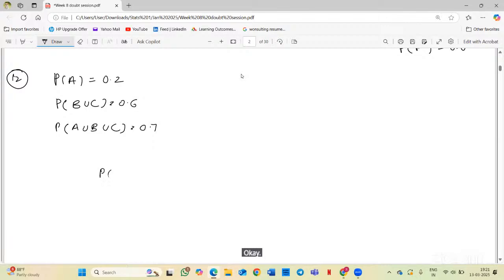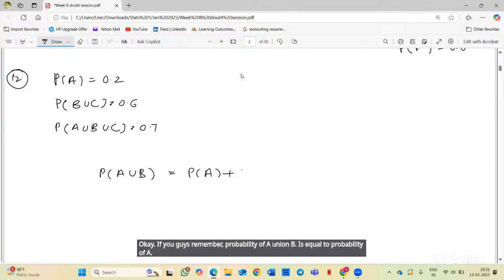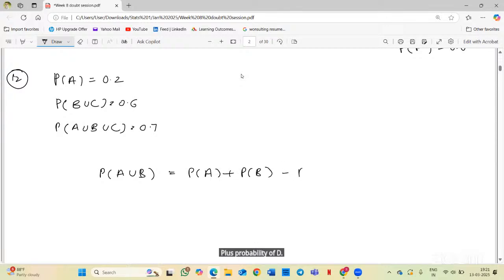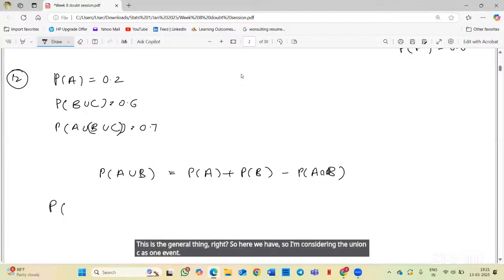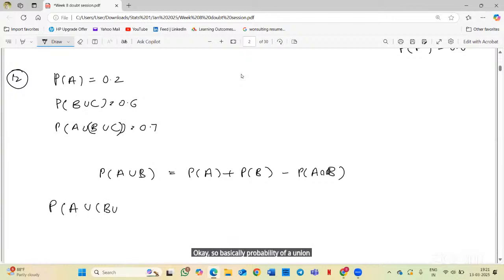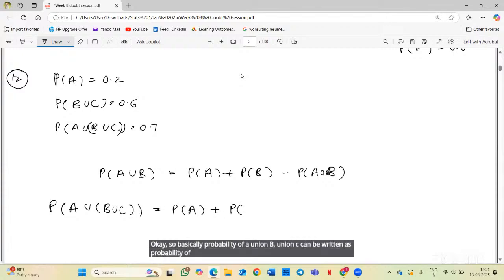If you remember, probability of A union B is equal to probability of A plus probability of B minus probability of A intersection B. This is the general thing, right? So here I'm considering B union C as one event. So probability of A union B union C can be written as probability of A plus probability of B union C minus probability of A intersection B union C.